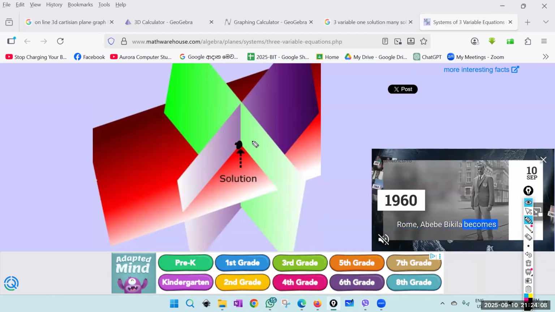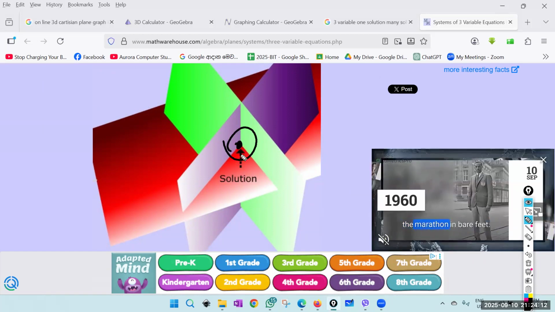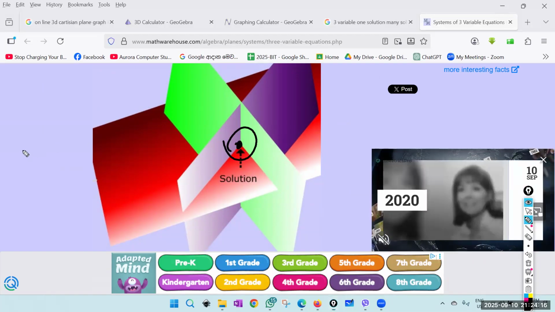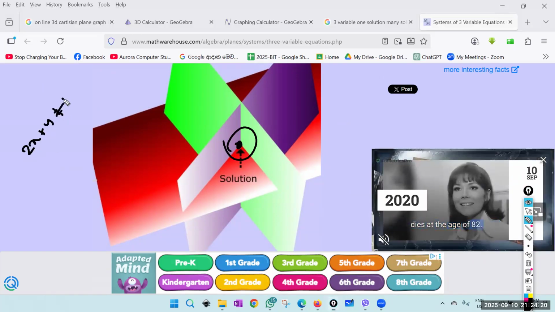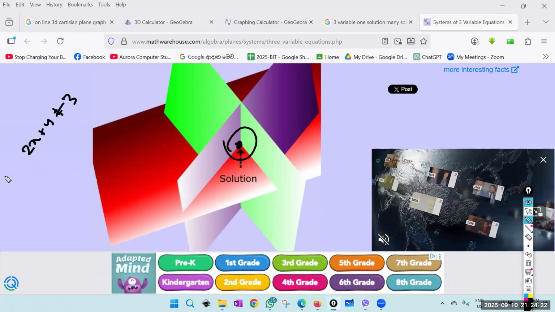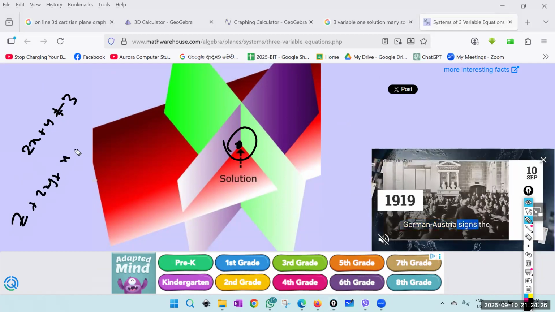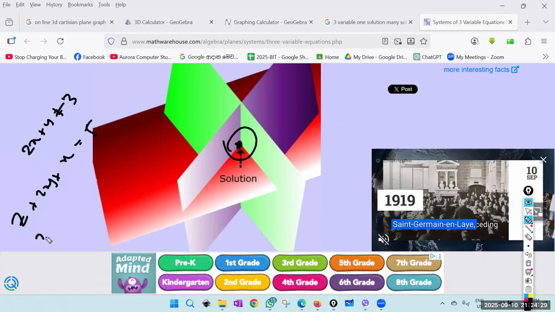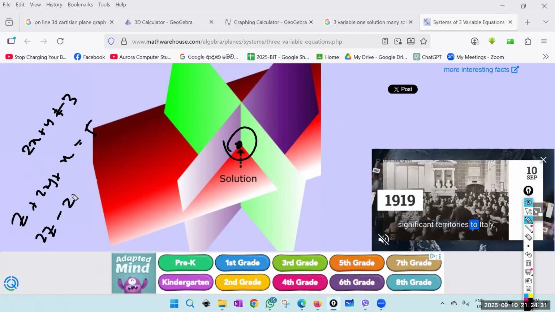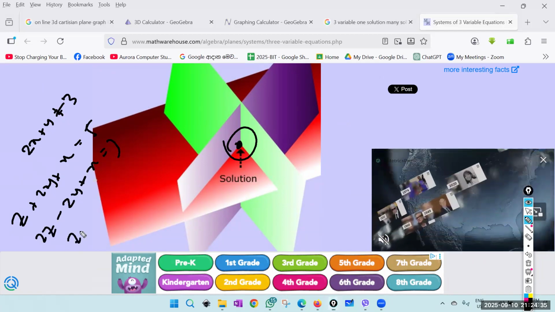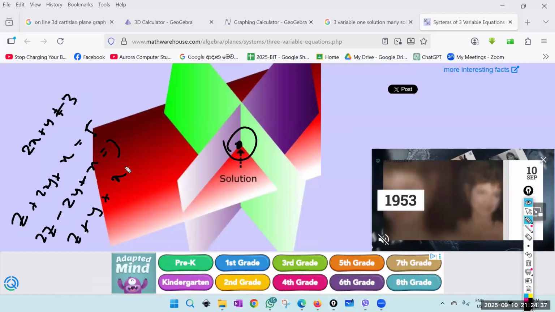So this kind of situation, we say we have one unique solution. Say we have 2x plus y plus z equal 3, z plus 2y plus x equal 5, 2z minus 2y minus x equal 3, z plus y plus x equal 5.